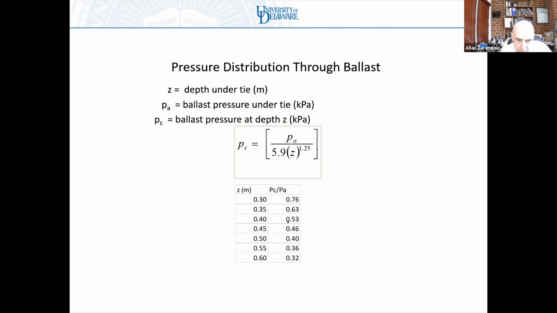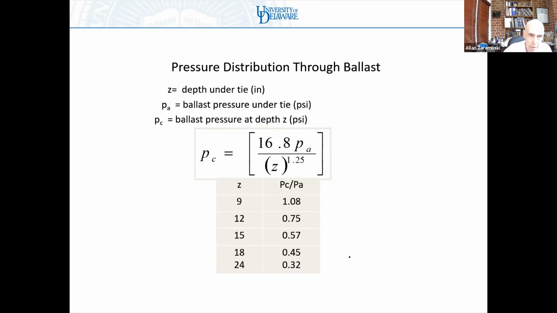At 0.4 meters, it's about 53%. At 0.5 meters, it's about 40%. And at 0.6 meters it's about 32%. So you can see how the pressure decreases as you go down below the bottom of the sleeper.